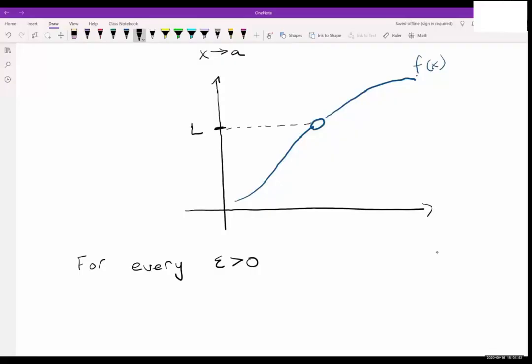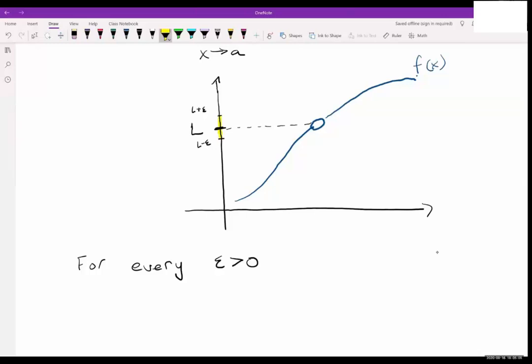When I say a little bit, I'm talking about epsilon. In other words, we can go a tiny amount down here, that would be L minus epsilon, and a tiny amount up there, L plus epsilon. And so we have this little yellow neighborhood here around L, that's epsilon above and epsilon below L.